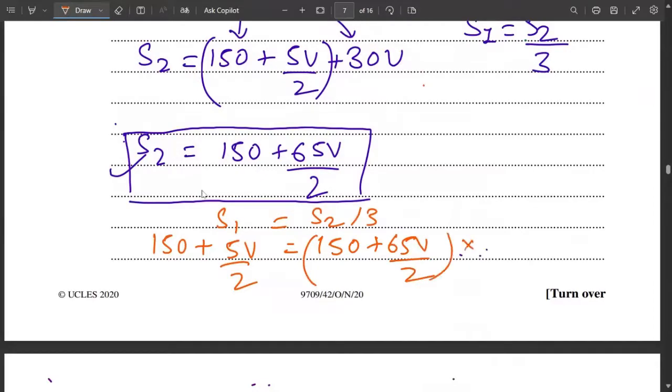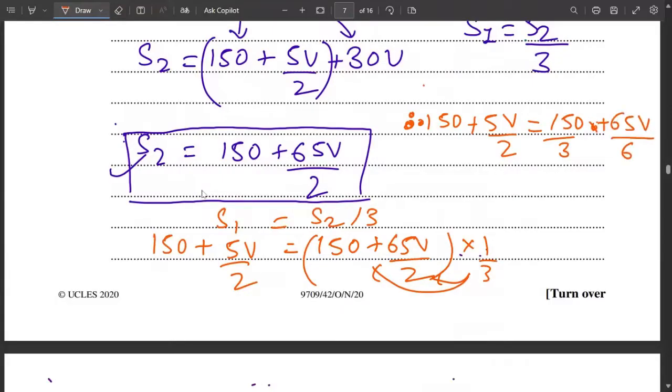Now what we can do is multiply 1 by 3 by both of them here, which will give us 150 plus 5V upon 2 is equal to 150 upon 3 plus 65V upon 6.